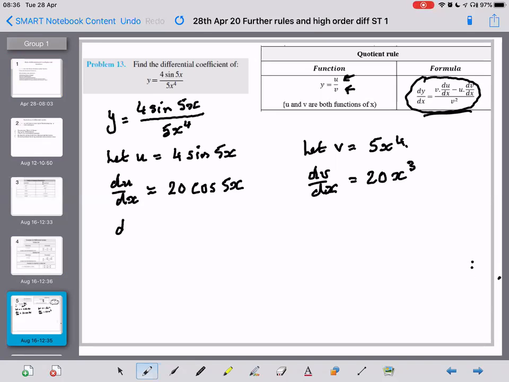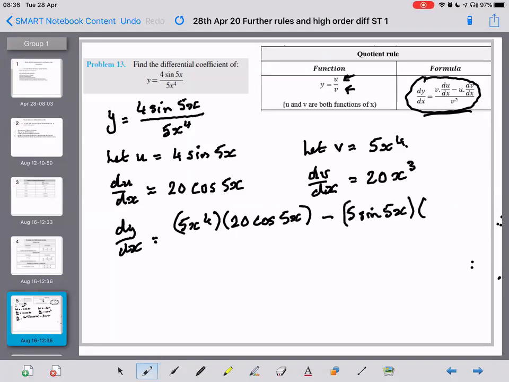So we can go dy by dx is equal to, and on the numerator we want v first, so 5x to the 4 times du by dx, 20 cos 5x, and then that's minus u, which is 5 sine 5x, times dv by dx, which is 20x cubed.